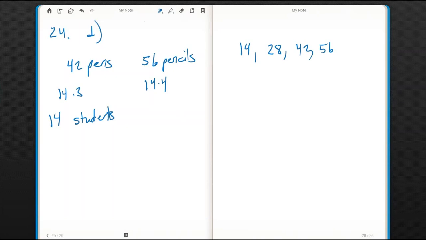So the answer is that each student gets 3 pens, and each student gets 4 pencils. So each student gets the same number as all the other students, but it's not the same number of pens and the same number of pencils. That kind of wording always causes me to pause and think.